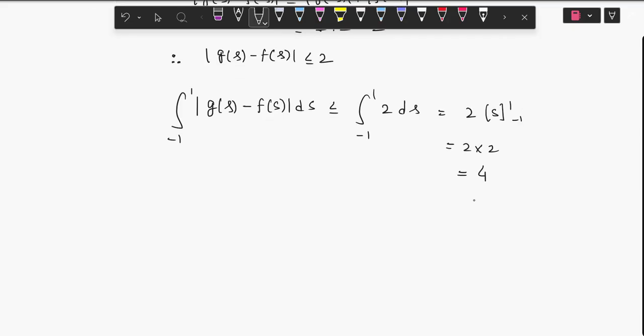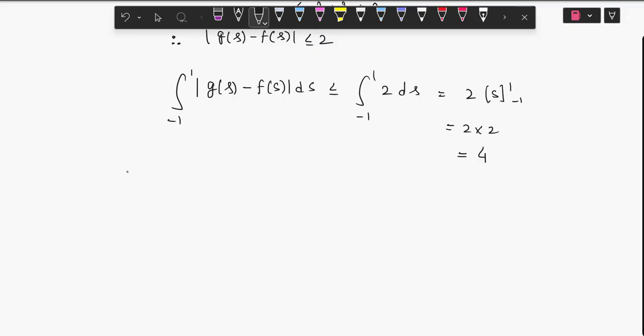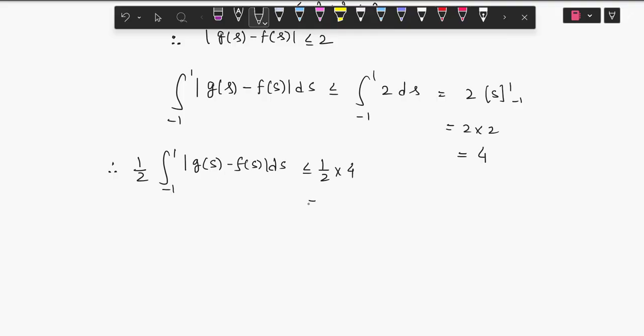Therefore 1 by 2 of integration from -1 to 1 of mod of g(s) minus f(s) ds, that is less or equals to 1 by 2 times 4, which is equal to 2.